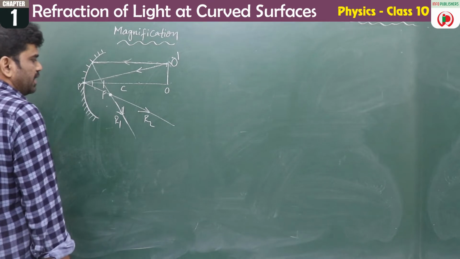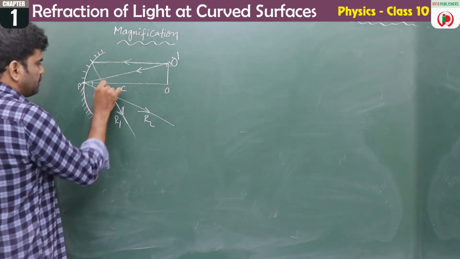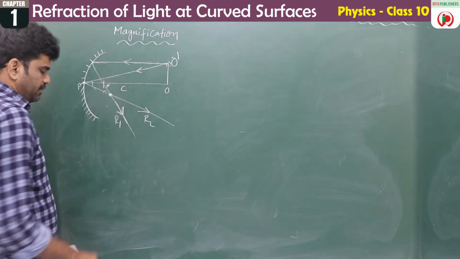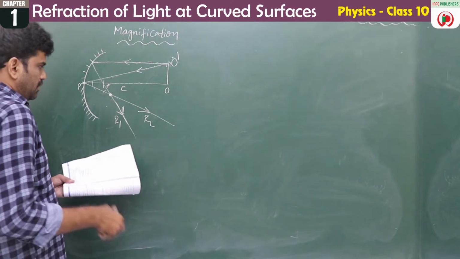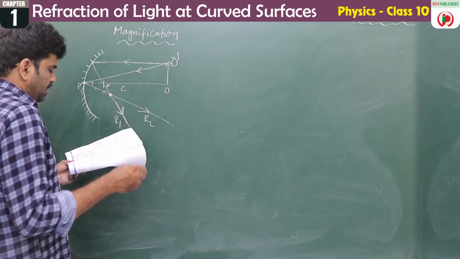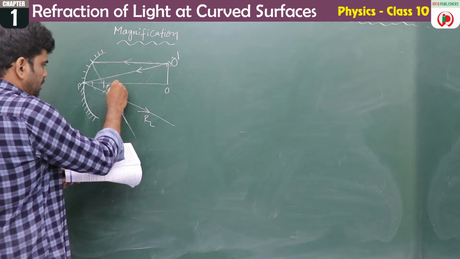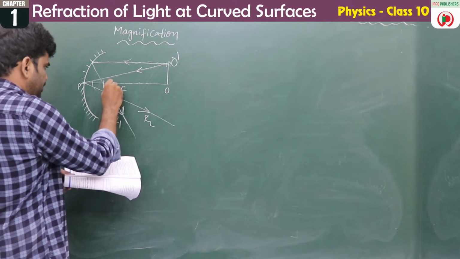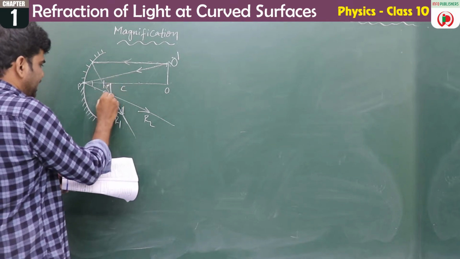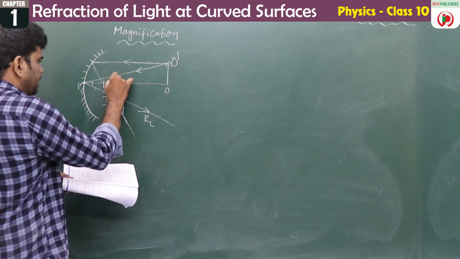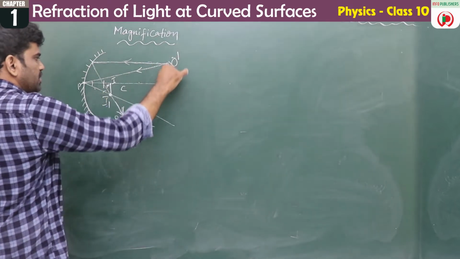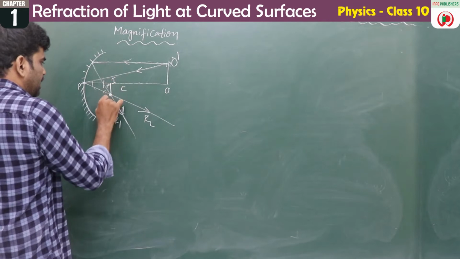Here you can see the F, and this is simply our image, I dash and I. O and O dash is the object, I and I dash is the image.